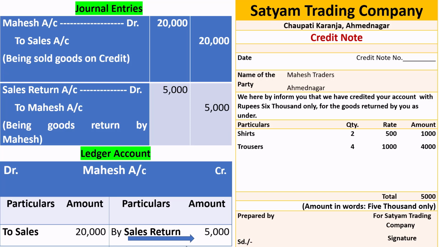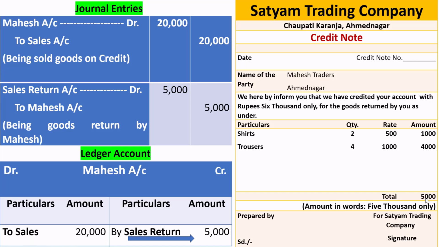We have already sold goods of 20,000 and he has returned goods of 5,000 rupees. Which goods he has returned? It is written here: 2 shirts of 500 rupees, 1,000 rupees, 4 trousers of 1,000 rupees, 4,000. The total of goods returned is 5,000.